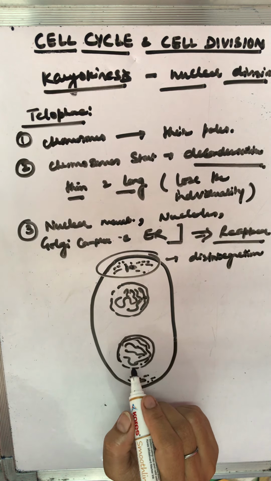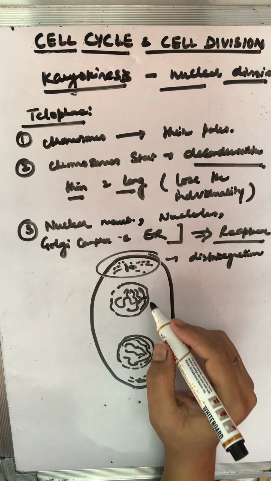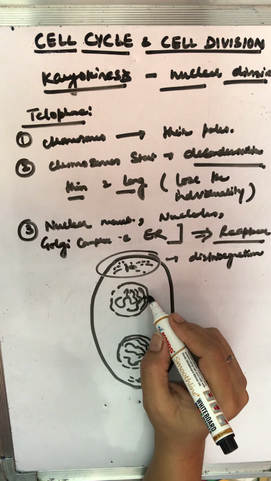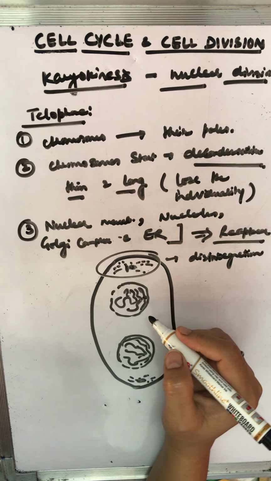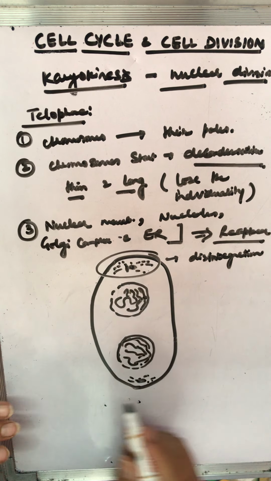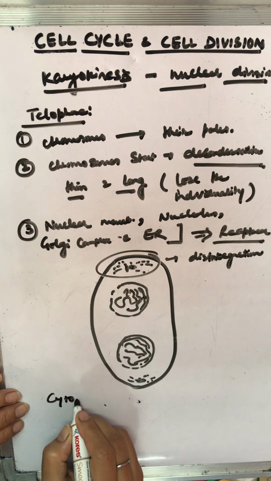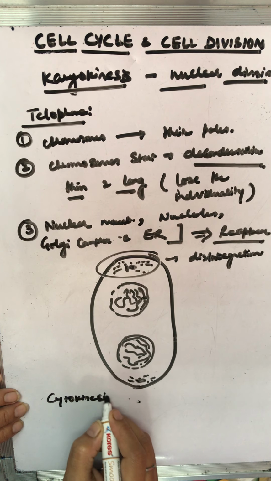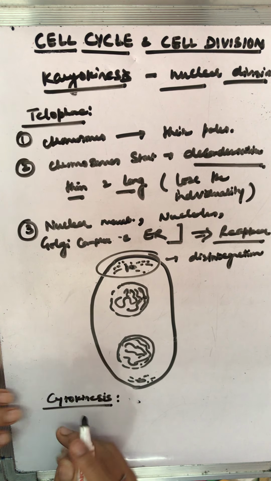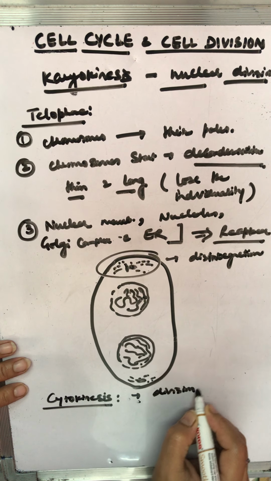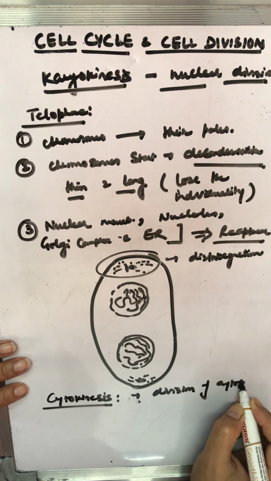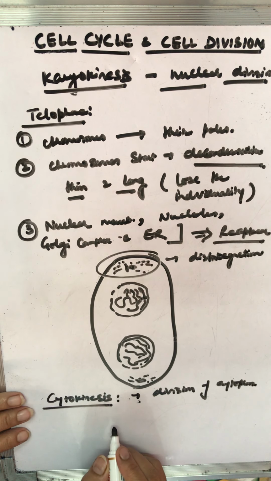Nucleoli, then endoplasmic reticulum, Golgi apparatus, this all is showing that it is again being formed. Then once this happens, what will happen? The next step is cytokinesis. That means now the division of cytoplasm has to take place.